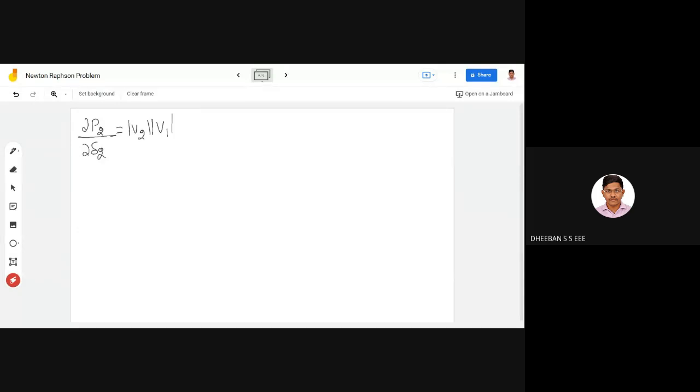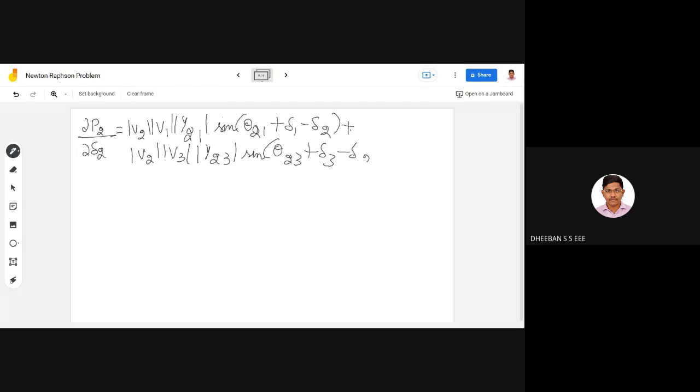Okay. So now del P2, the partial derivative. Now you have to substitute the values.